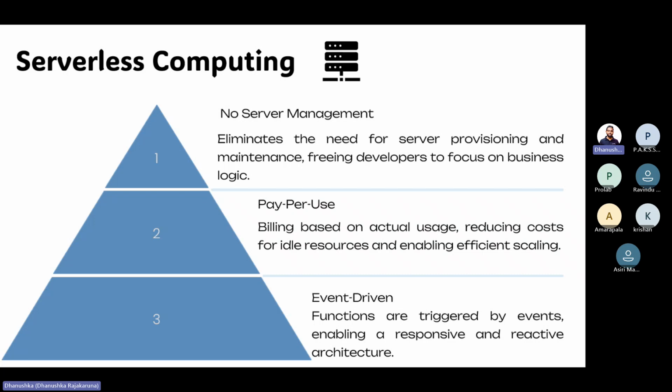For infrastructure, serverless is managed by the cloud provider, and scaling is automatic and dynamic, while traditional scaling is manual or predefined. For web applications, we can build scalable APIs and web applications with reduced overhead. For real-time data processing, we can handle streaming data and IoT device logs in real time.